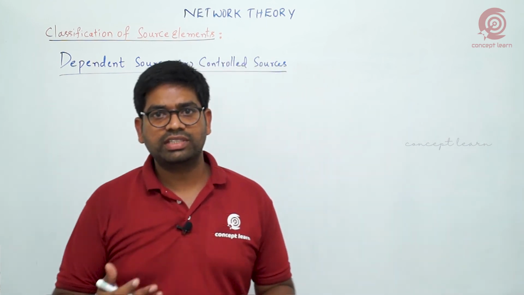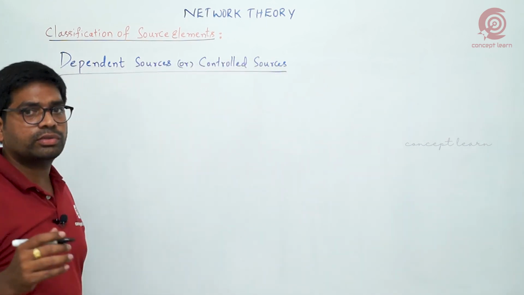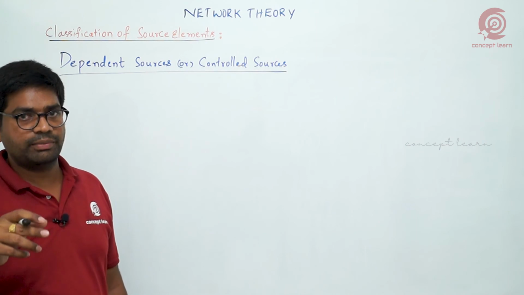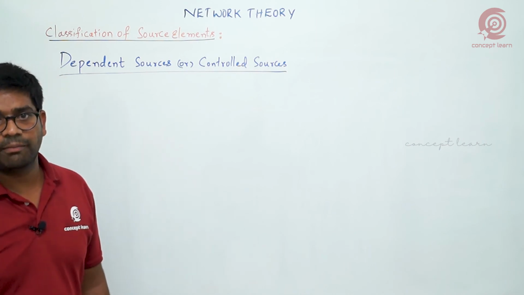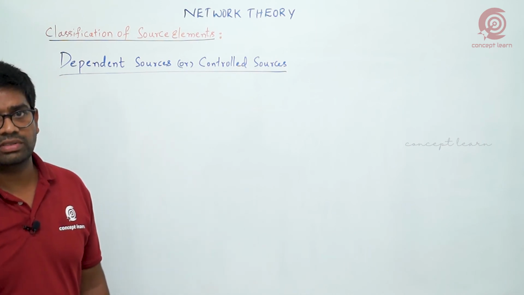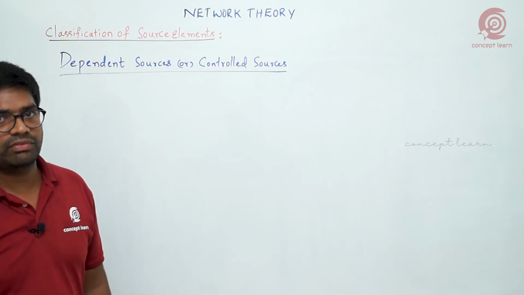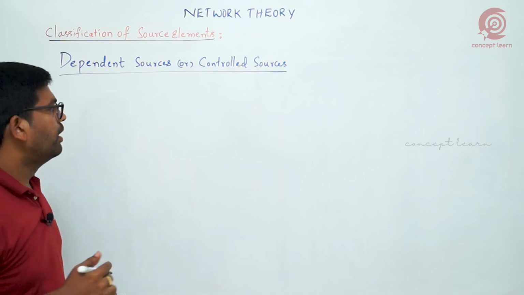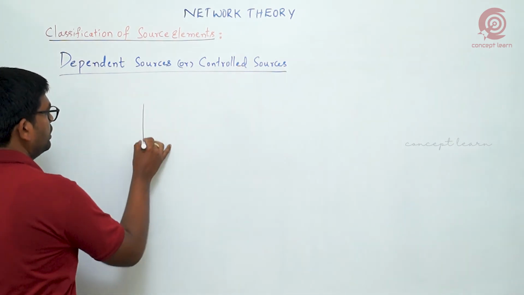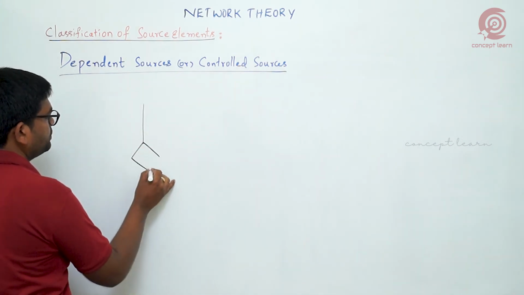Now when you see the examples directly, a dependent source we indicate with the diamond shape. It could be either a voltage or current source. For a voltage source we indicate polarity, for a current source we choose the direction.